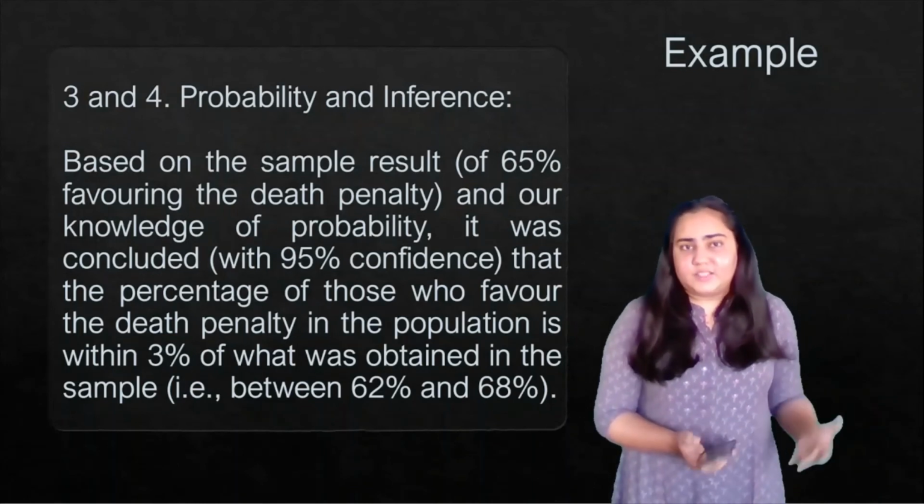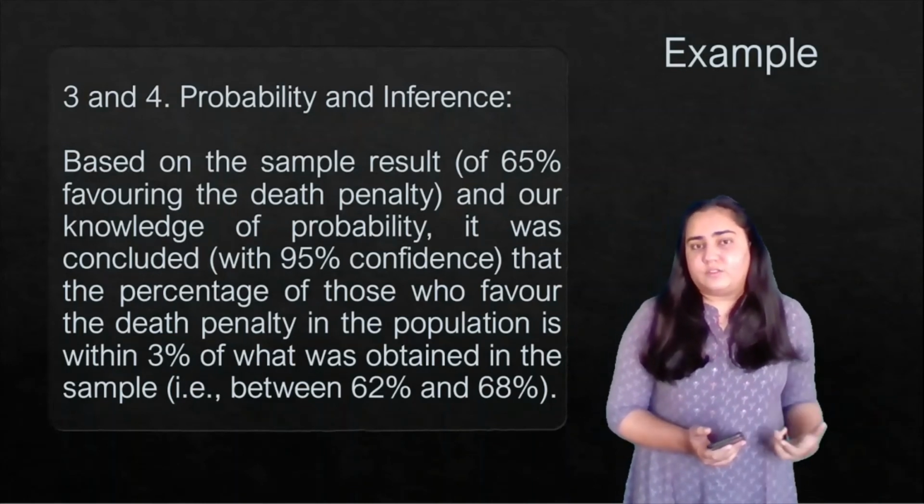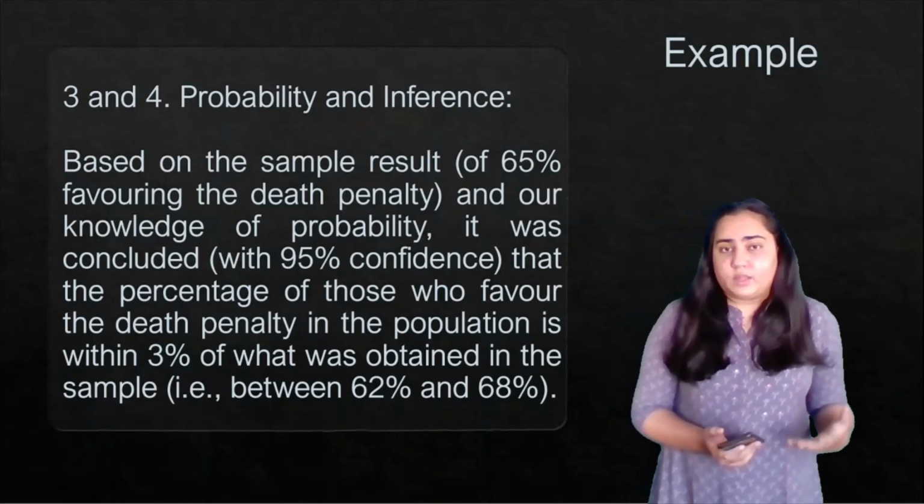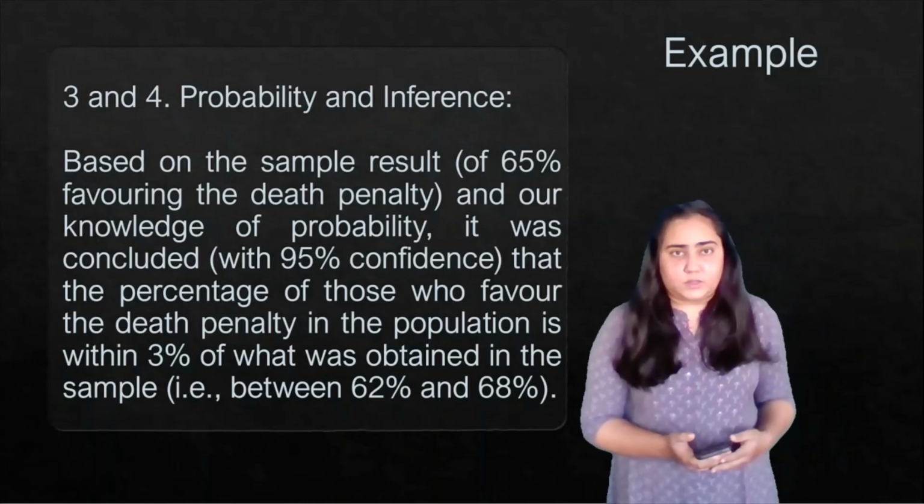So based on that 65%, we can conclude with 95% confidence that 62 to 68% of US adults would favor the death penalty.